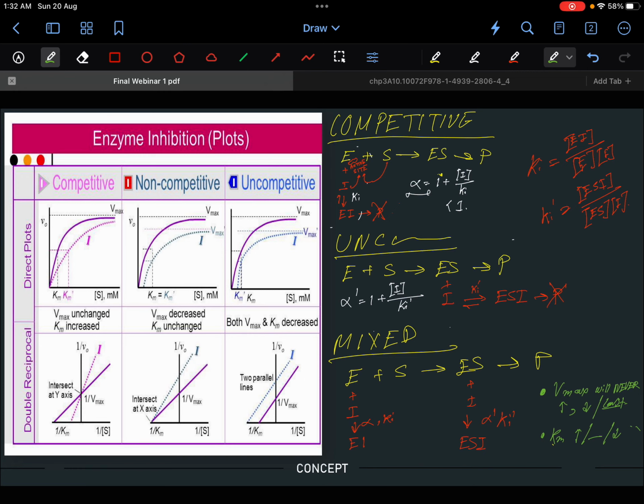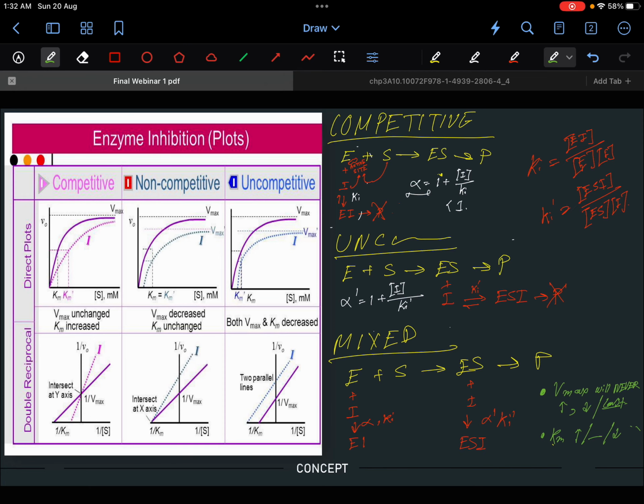And there is another term that will be affecting our Michaelis-Menten equation, or the double reciprocal plot equation. That is the alpha term. Alpha is never less than 1, and alpha is equal to 1 plus the concentration of inhibitor divided by the dissociation constant of the binding of inhibitor with enzyme or enzyme substrate complex.